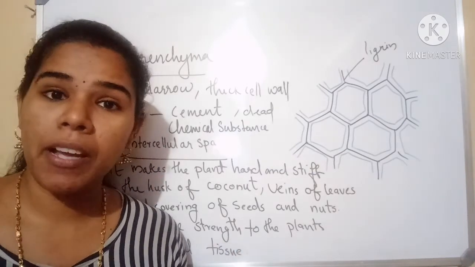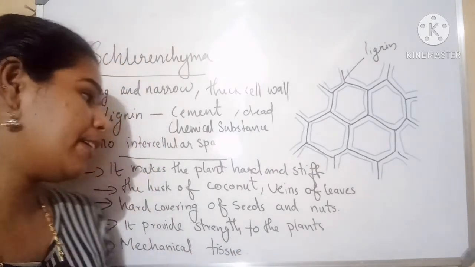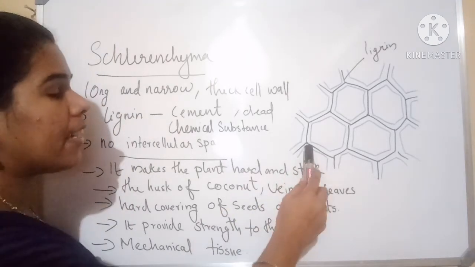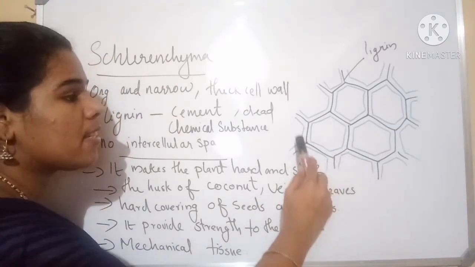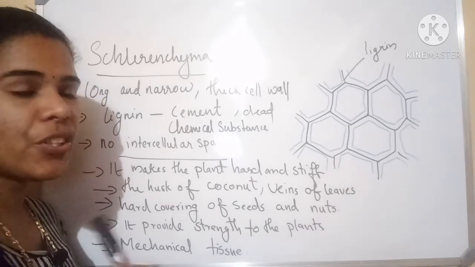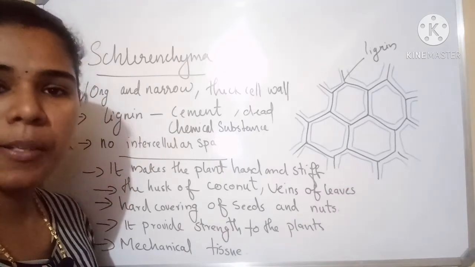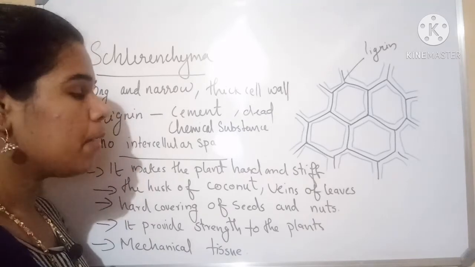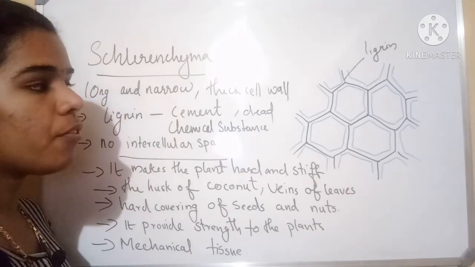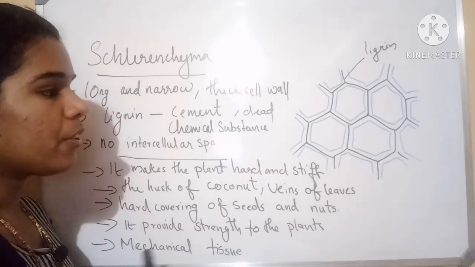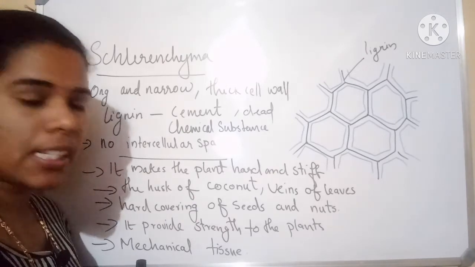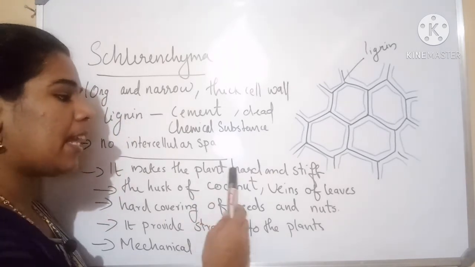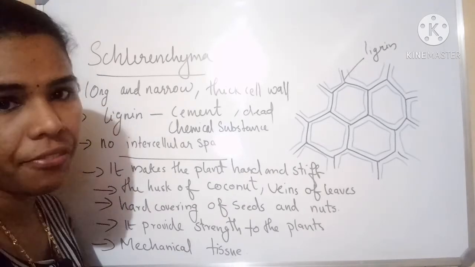Remember, sclerenchymatous tissue is dead tissue, and its cell wall is additionally thickened by a chemical substance called lignin, which makes the plant hard and stiff.